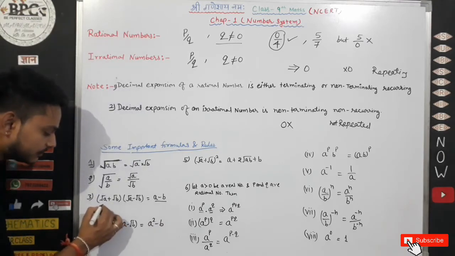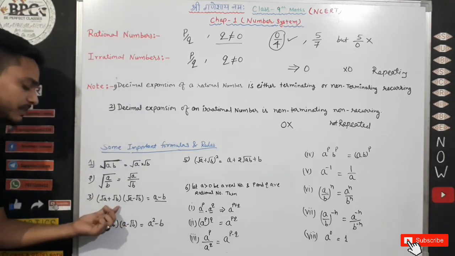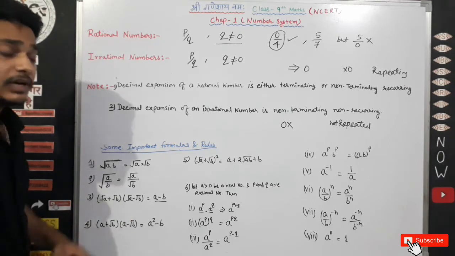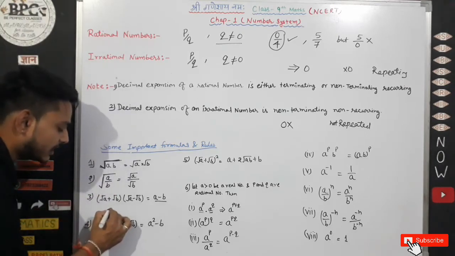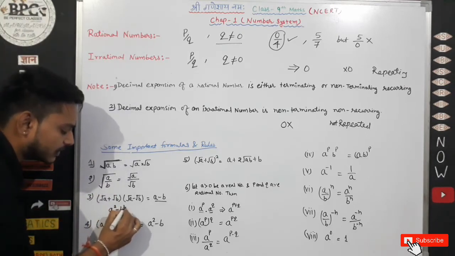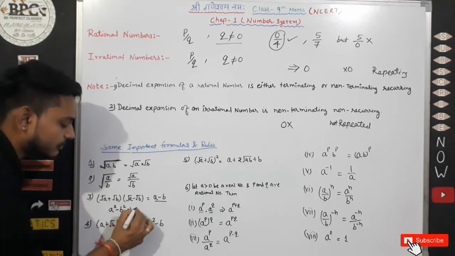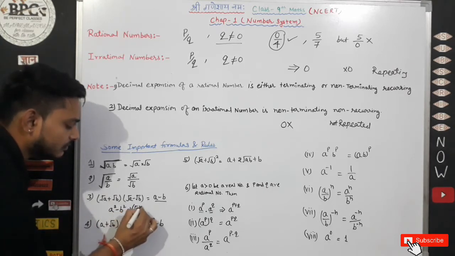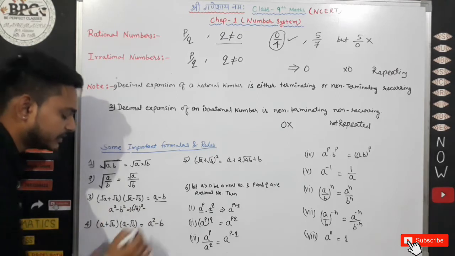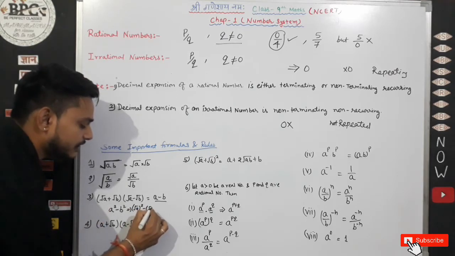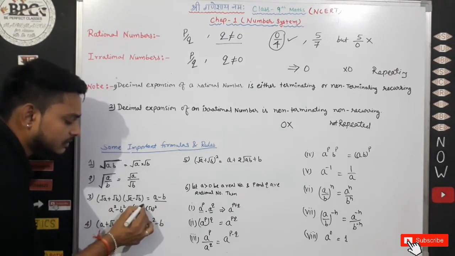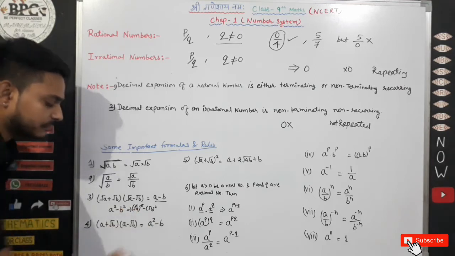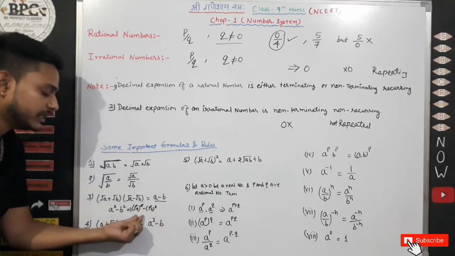How is it possible? This is a plus b and a minus b, the identity, which gives us a square minus b square. Here a is under root a whole square minus b, what is b? Under root b whole square. Square cuts the under root, so we get a minus b.